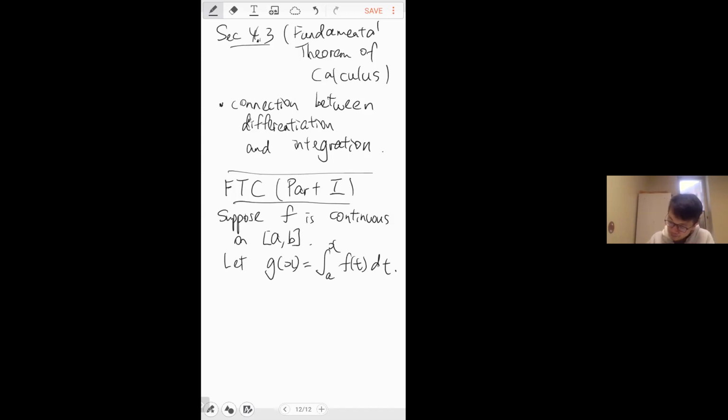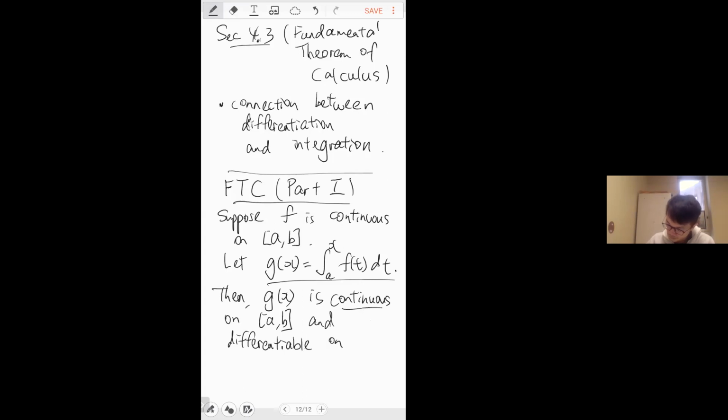The theorem says that g of x, this function right here, is also continuous and it's also differentiable. And you can actually calculate the derivative. Anyone want to guess what the derivative should be?